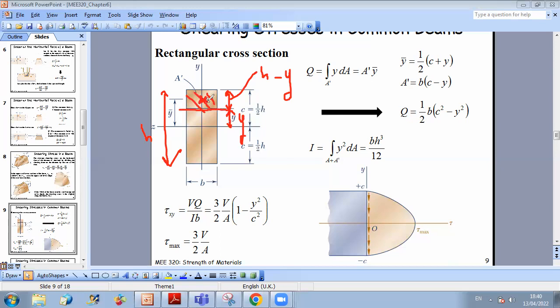The centroid of this area is at half of this distance. So this length from this point to this one is H minus Y over 2.